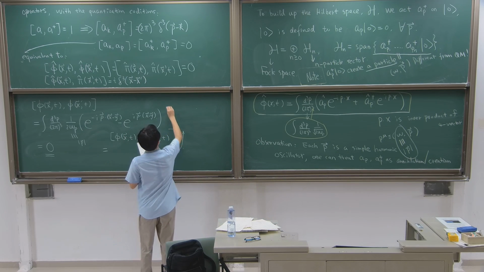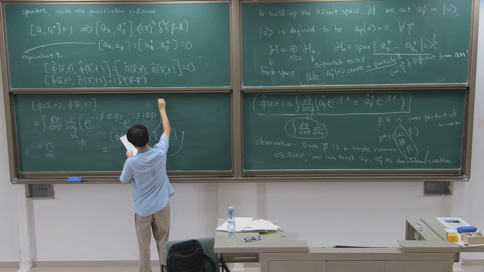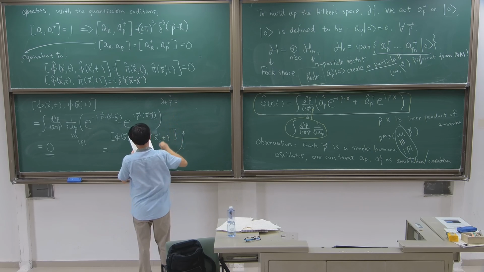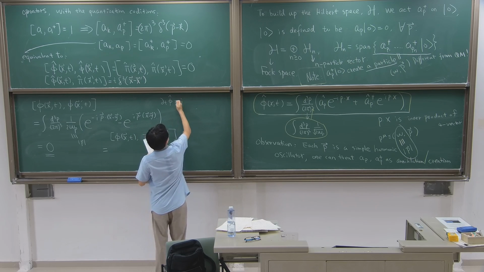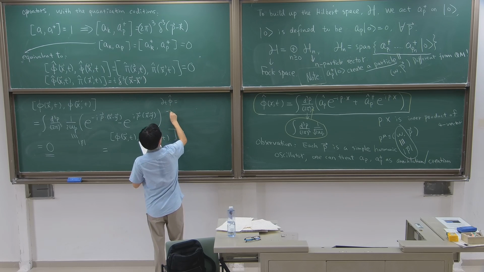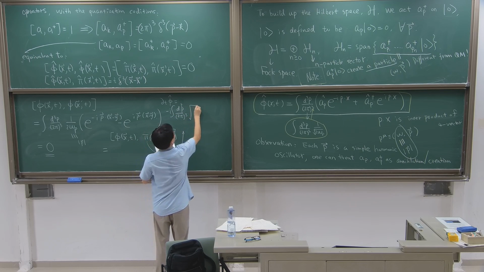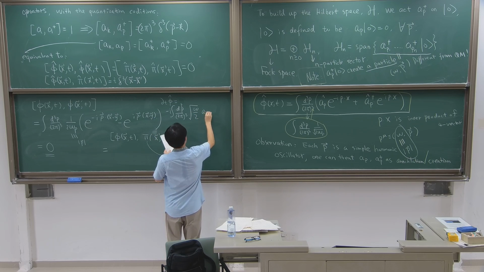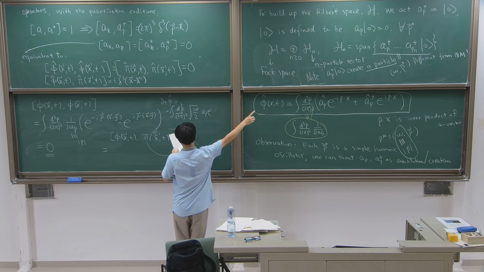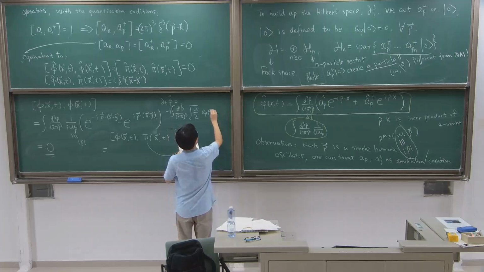So my field pi is defined as the partial t phi hat, which is nothing but minus i omega p here, minus i omega p. Yeah, you just take the derivative, right? Take the derivative.